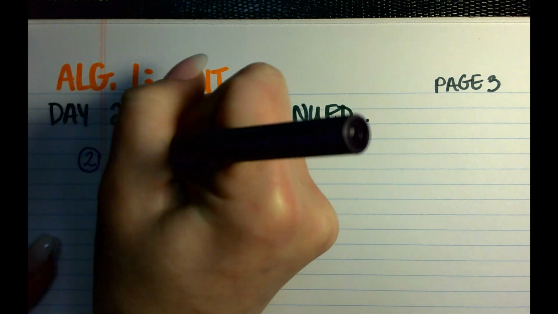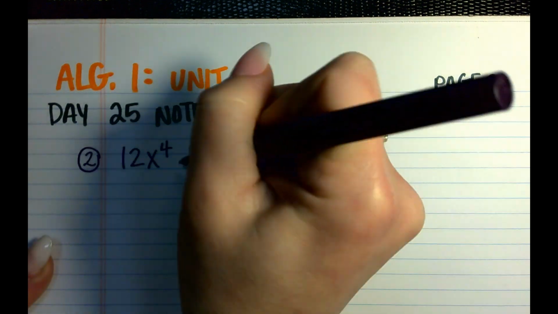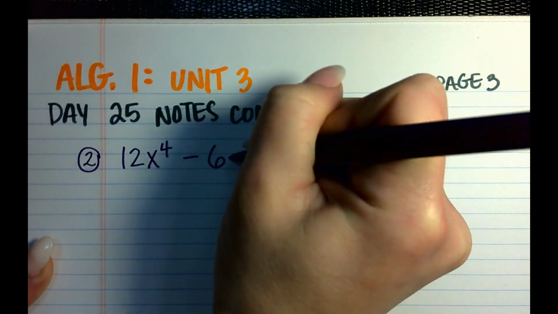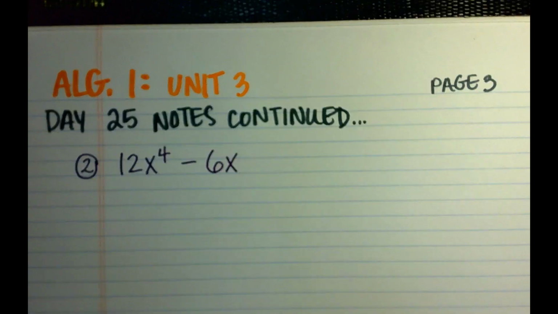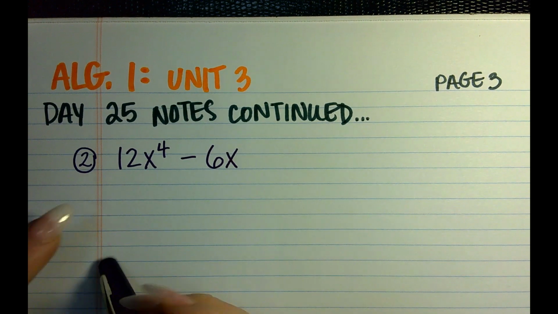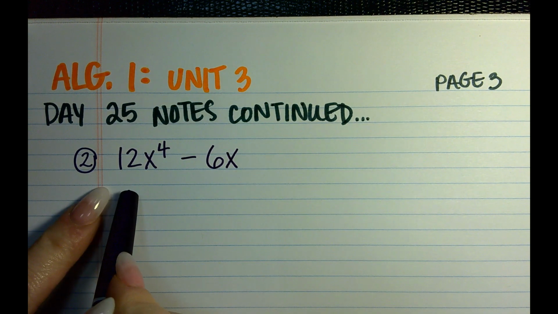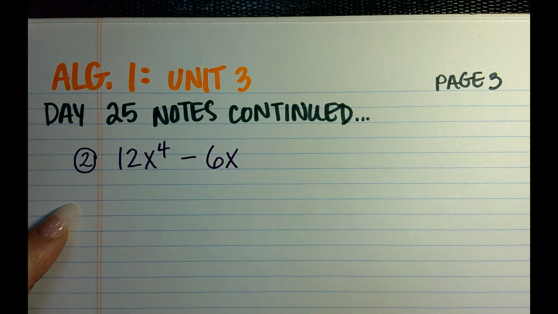We have 12x to the 4th power minus 6x. So I want to find the greatest common factor, the GCF, of these two terms here.